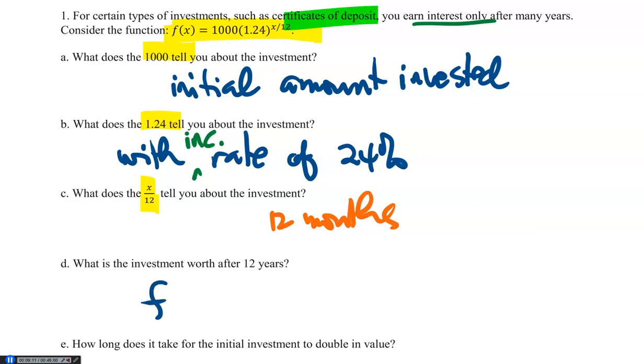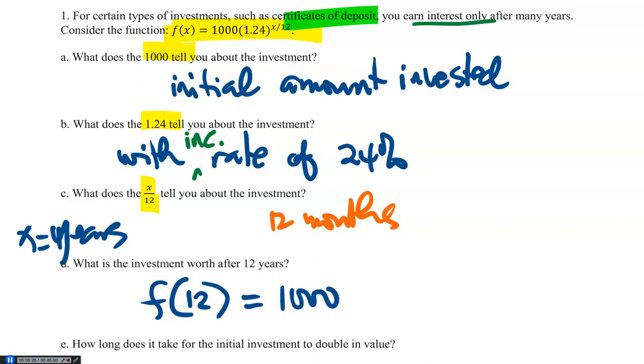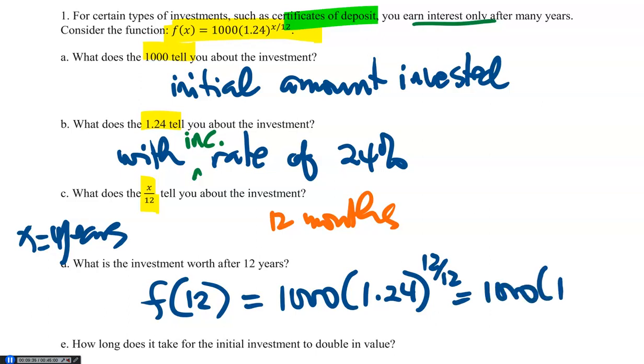So it's like solving for when x is equal to 12, where x is the number of years. So that is 1000 times 1.24 raised to 12 over 12. 12 over 12 is 1. So it's just simply 1000 times 1.24. And that is equal to 1240.